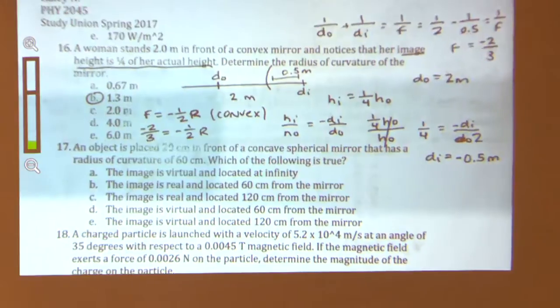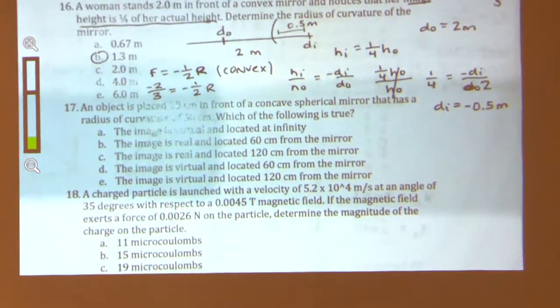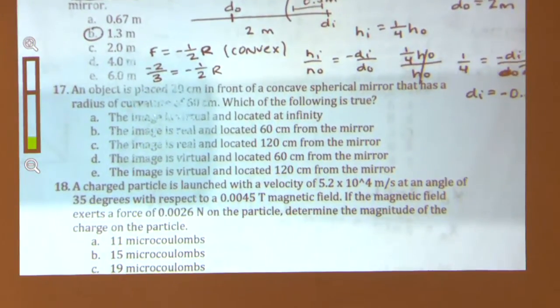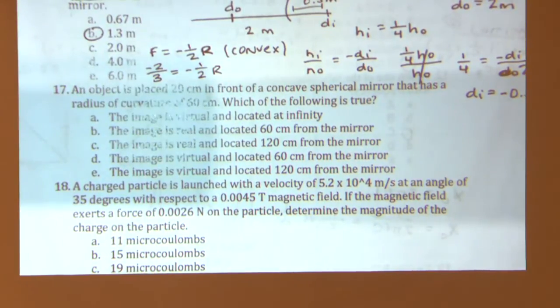So moving on to number 17. An object is placed 20 centimeters in front of a concave spherical mirror that has a radius of curvature of 60 centimeters, and we want to know which of the following is true.